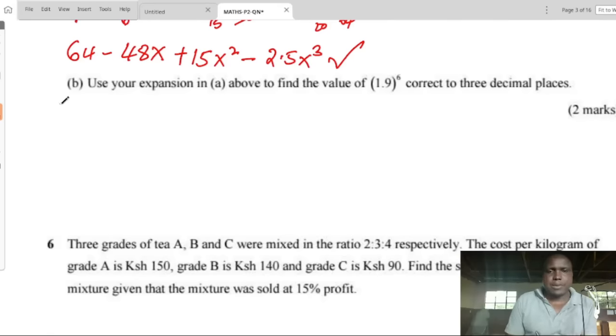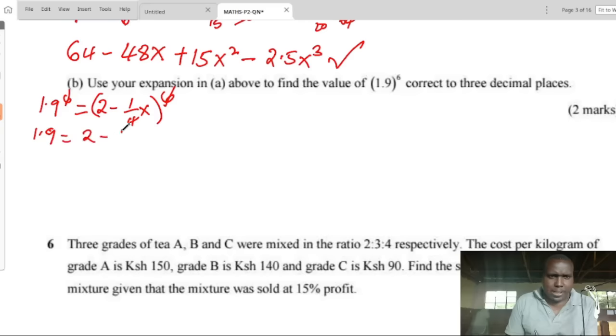So first let us equate this one. 1.9 raised to power 6 is equal to our expansion, and our expansion was 2 minus 1 over 4x raised to power 6. Now we do away with the powers because they are the same. Now 1.9 is equal to 2 minus 1 over 4x. From here, solve like terms together.